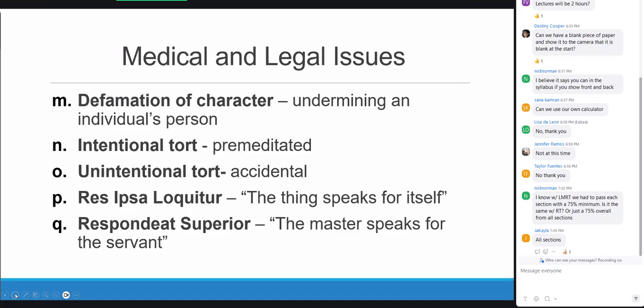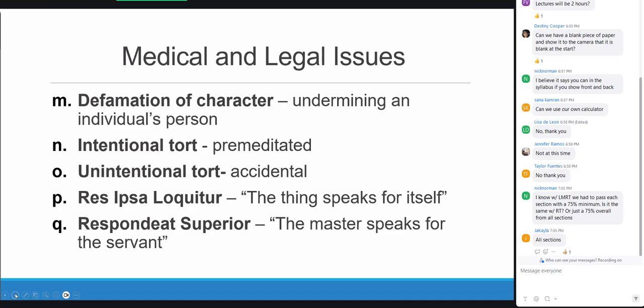Respondeat superior is another legal doctrine that comes up in these negligent tort cases. The master speaks for the servant. This is why, whenever there is a medical negligence case that comes out into the public domain, you never hear about the technologist or the nurse.